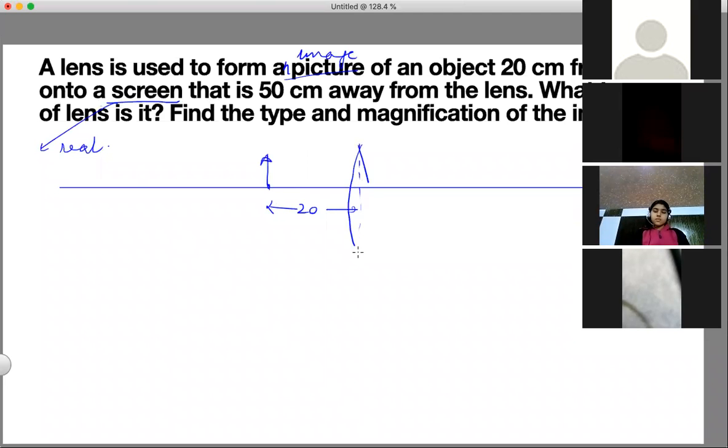Okay. Concave lenses form virtual images only. Convex lens can form real and virtual both, but concave can form only virtual. So this information tells us that it is a convex lens. Very good. So इसकी image real बन रही है यहाँ पे, right, at a distance of 50.